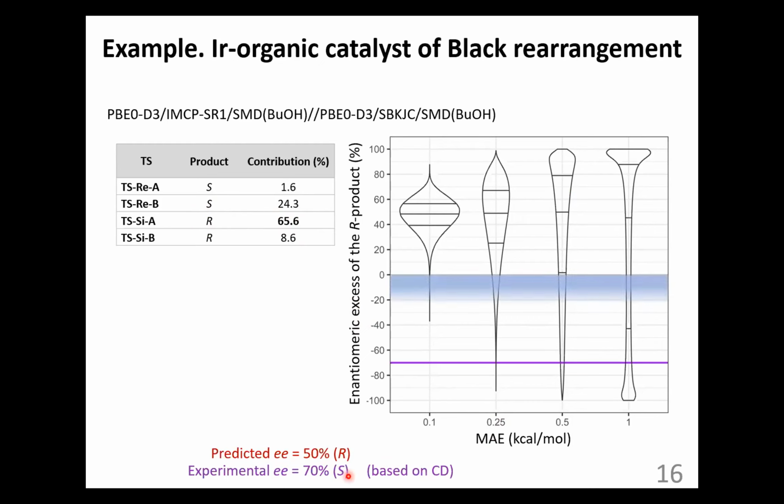And here, if we sum up these contributions of transition states, we should get something about 50% R, while the observed one was 70% S.